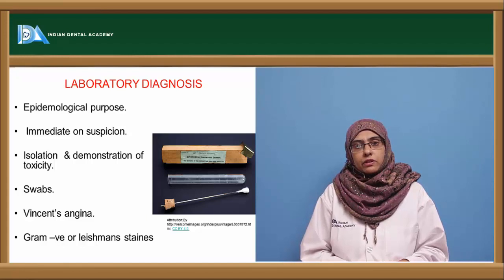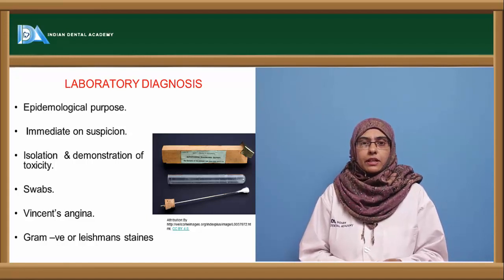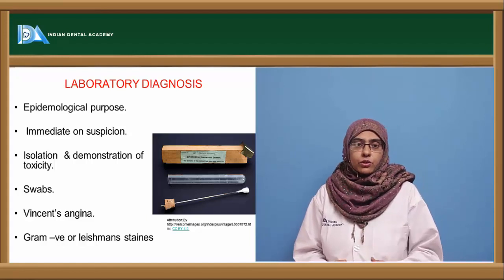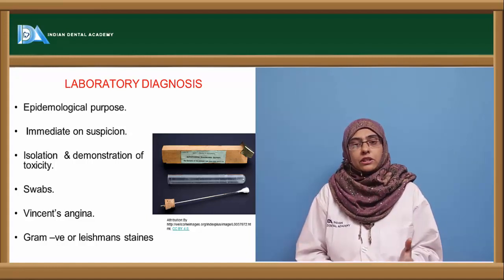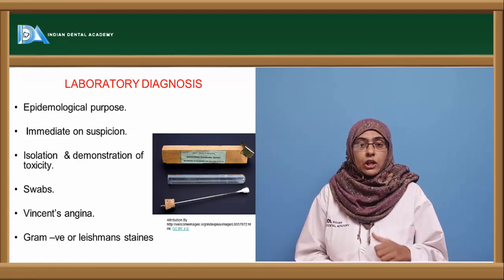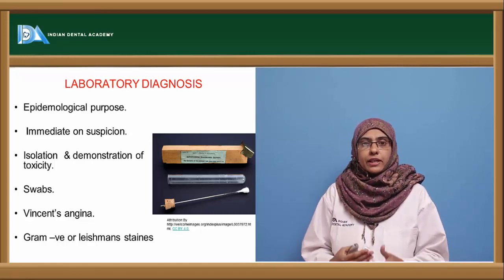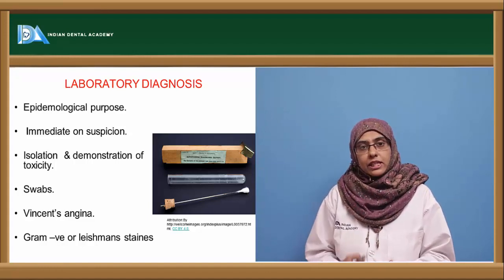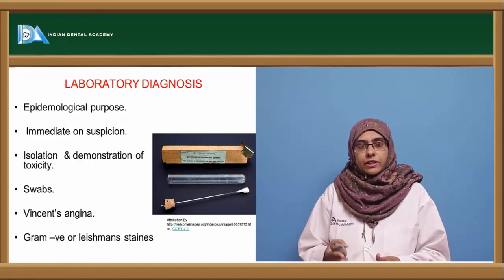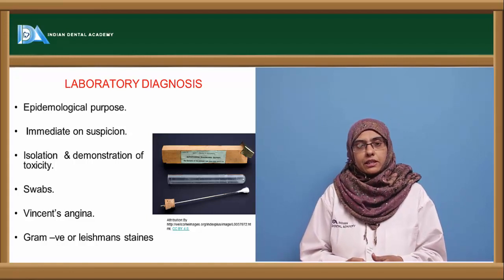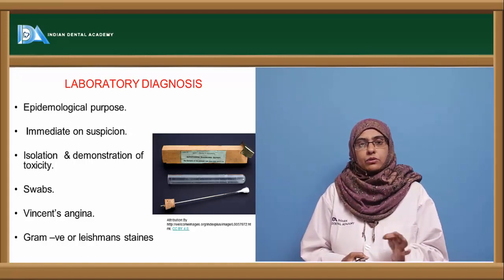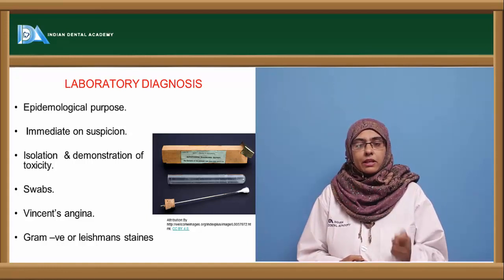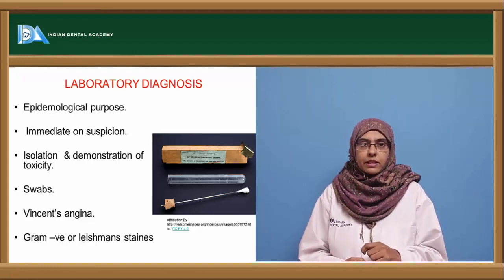The organism can be demonstrated in the laboratory by isolating it and demonstrating its toxicity. So we should know whether it is a non-toxinogenic strain or a toxinogenic strain. We have to grow this organism in the lab to identify it as well as its toxinogenic effect. First, a clinical specimen, that is a swab, can be collected. One or two swabs can be collected with the tongue depressed, and they have to be immediately transported onto the culture media.